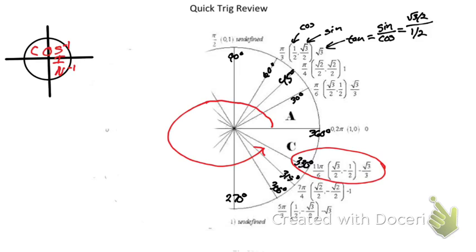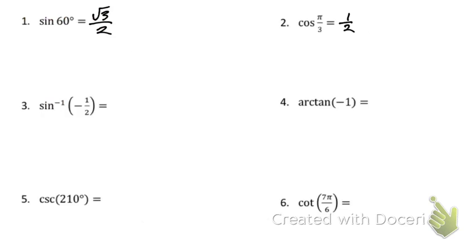So you can't go through somewhere that doesn't exist. So instead of going that direction, you have to go straight down, which gives us negative pi over 6 or negative 30 degrees. So sine inverse of negative 1/2 is negative pi over 6 or negative 30 degrees, depending on what I ask for an answer.